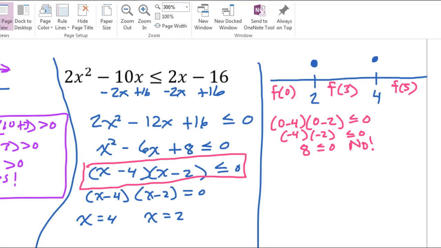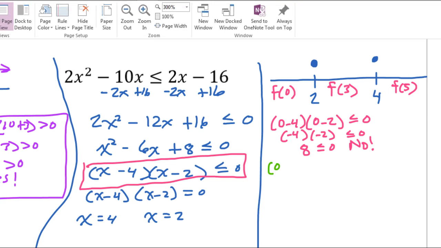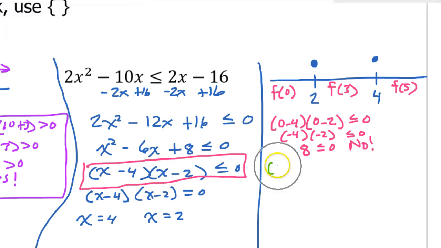Okay, let me switch colors. Now I'm doing the 3. So this would be, whoops, I put 0 again. So this would be 3 minus 4 times 3 minus 2. And I'm checking to see if that's less than or equal to 0.